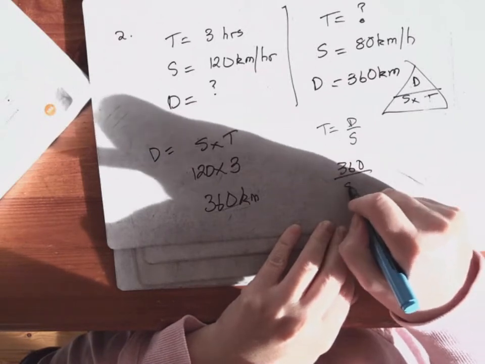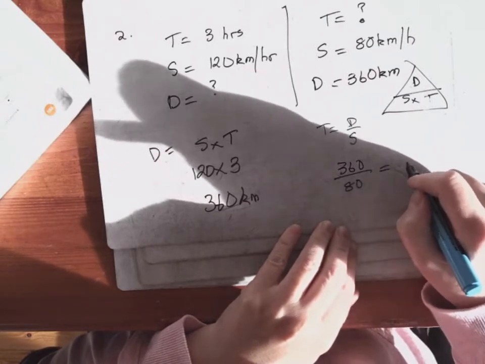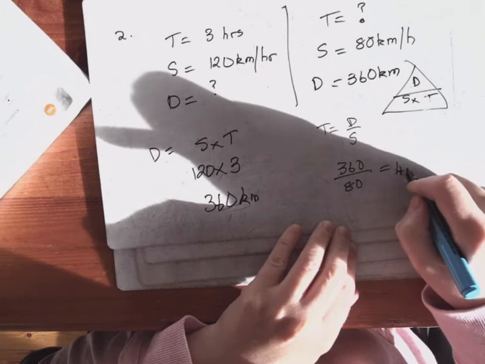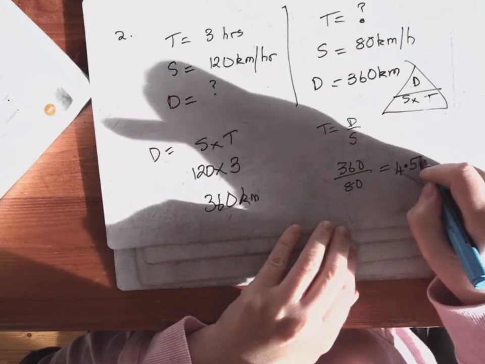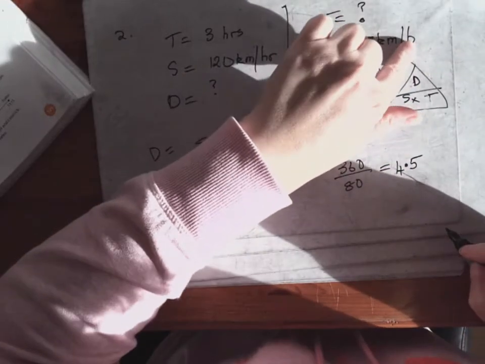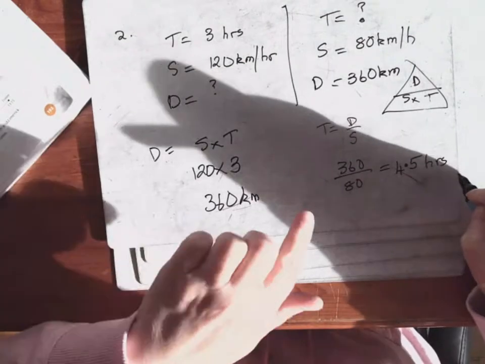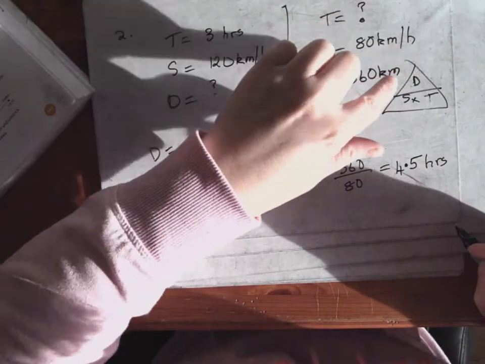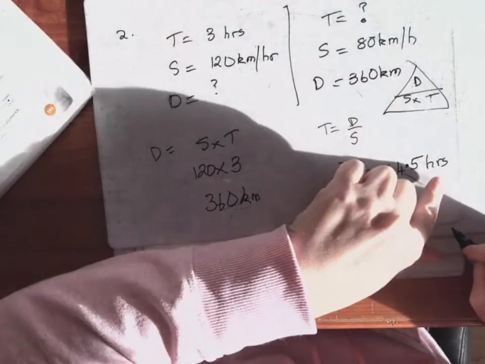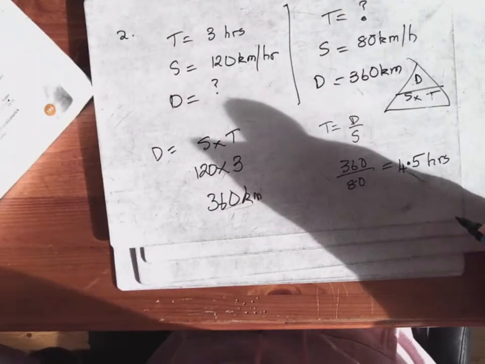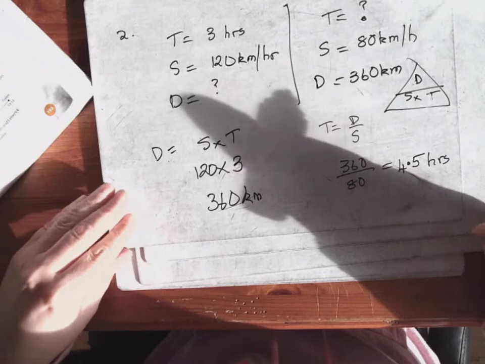We know the speed, 80. Put that into the calculator and you'll get 4.5 hours, because the speed was in kilometers per hour. So when the speed is in kilometers per hour, the distance is in kilometers and the time is in hours. Okay? Is that okay? Number 2.